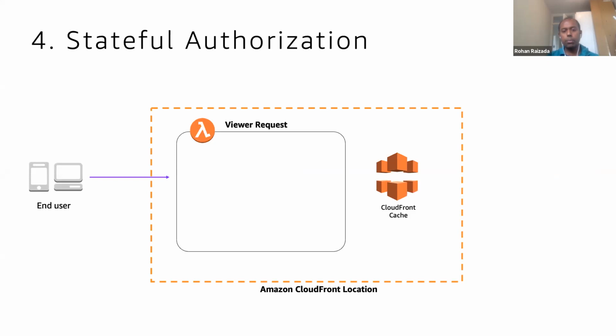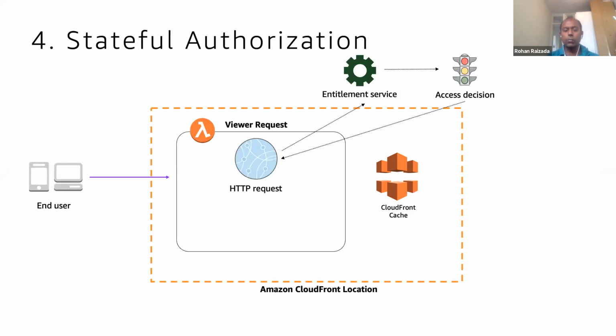The other use case is something similar, authorization for stateful. You're still doing validation, but in this case you need to make a call to an external service or a store which has state. Again, this can be done with Lambda Edge, because one of its benefits is that it allows you to make these network calls. You can make any HTTP call to any external service.